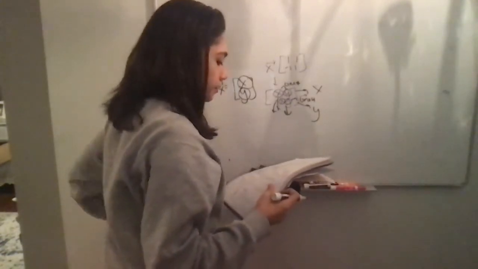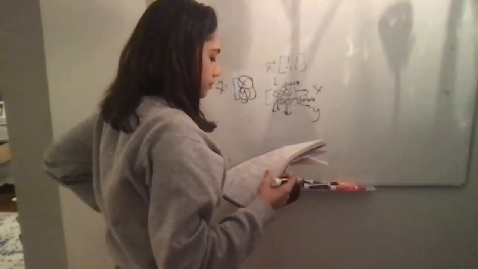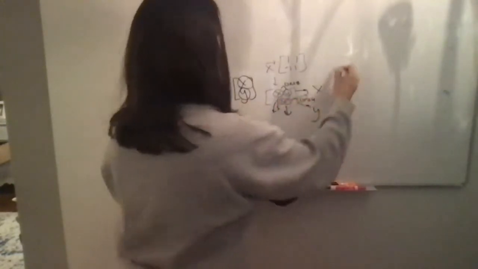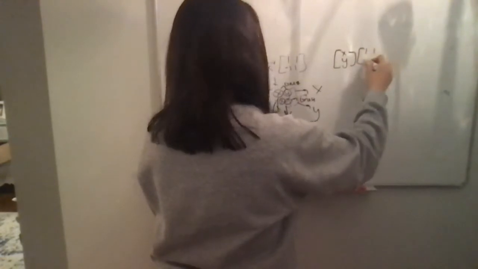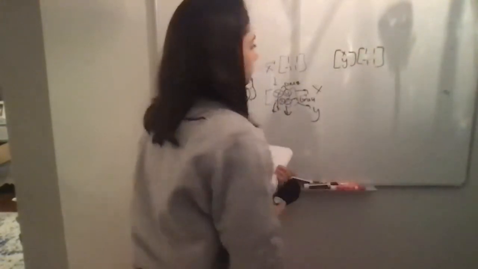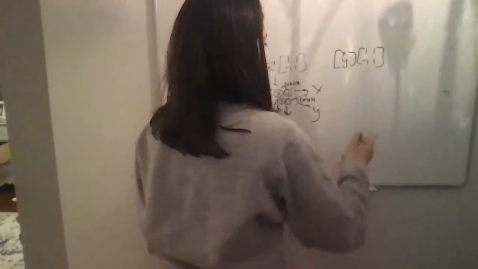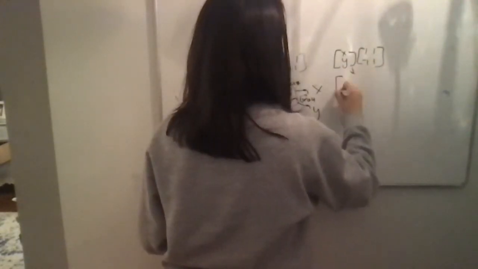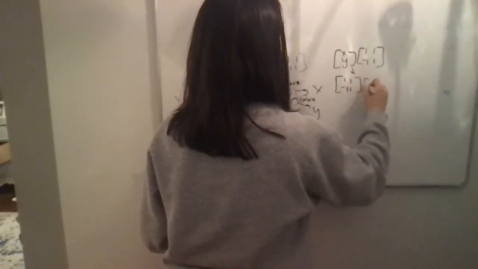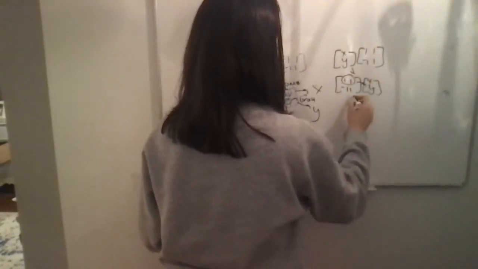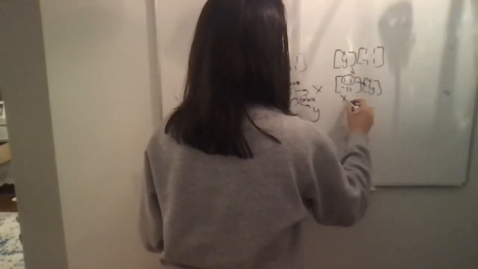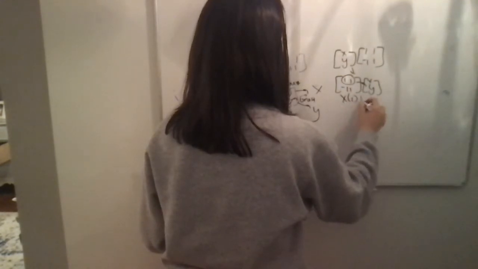I'll draw it real quick. We've got xy times 1, 1, negative 1, 1, right? Which means we're multiplying this here, so we get x1.